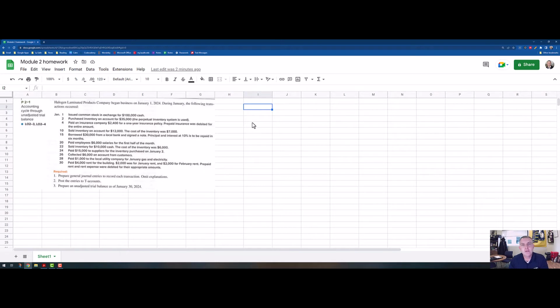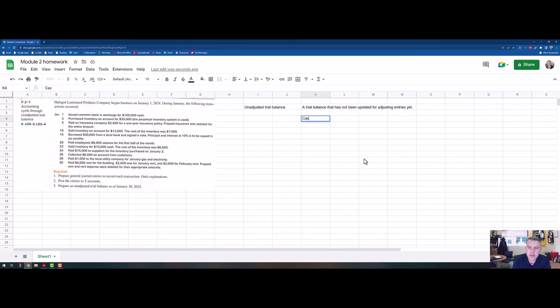So we're going to do the beginning part of that process, and let's talk about adjusted versus unadjusted trial balance. An unadjusted trial balance is a trial balance that has not been updated for adjusting entries yet. Okay? A trial balance is just a listing of accounts.